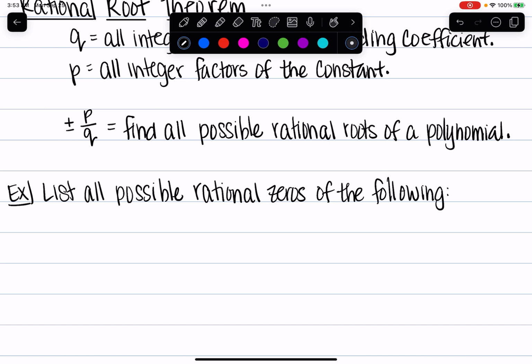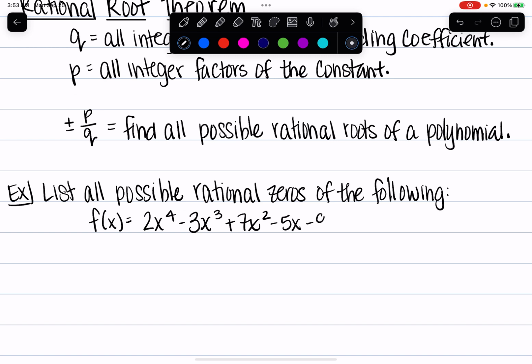And we are going to do f of x is equal to 2x to the fourth minus 3x cubed plus 7x squared minus 5x minus 8.